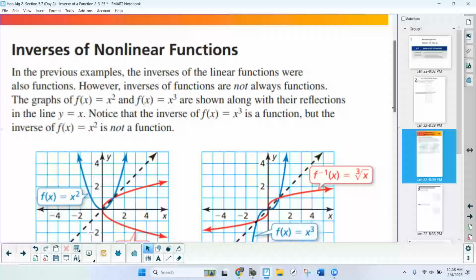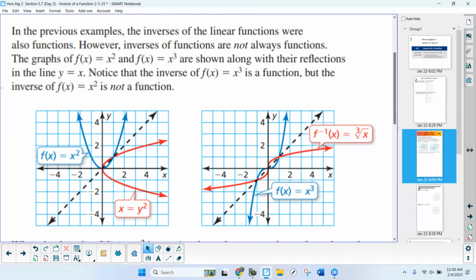Then you went through the notes yesterday, and it talked again about whether or not the inverse is a function. It was hard without being here to explain that, but you can look at the original function and use the horizontal line test to determine if the inverse passes the vertical line test.